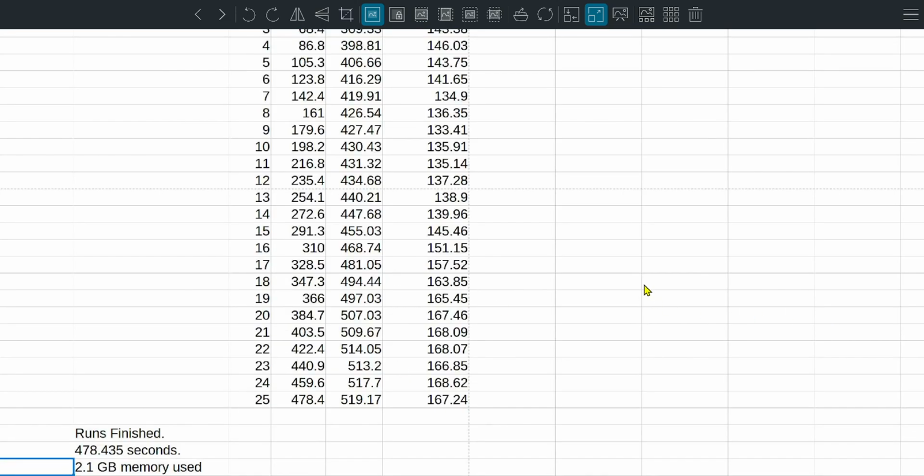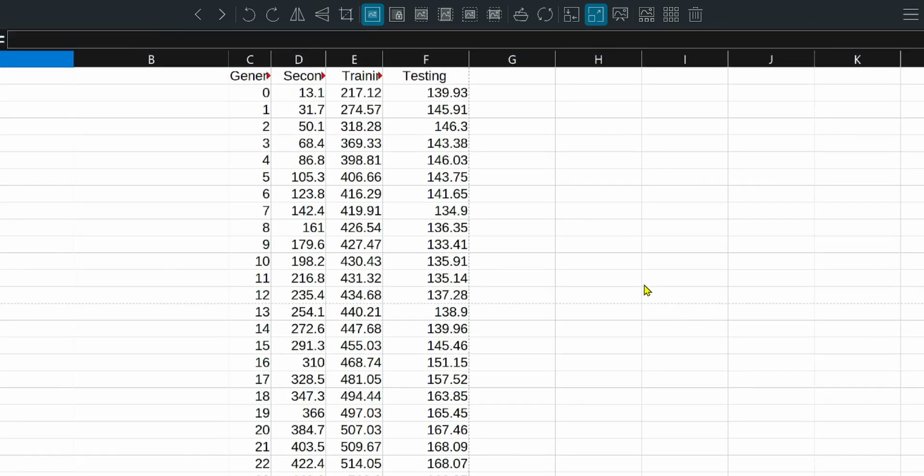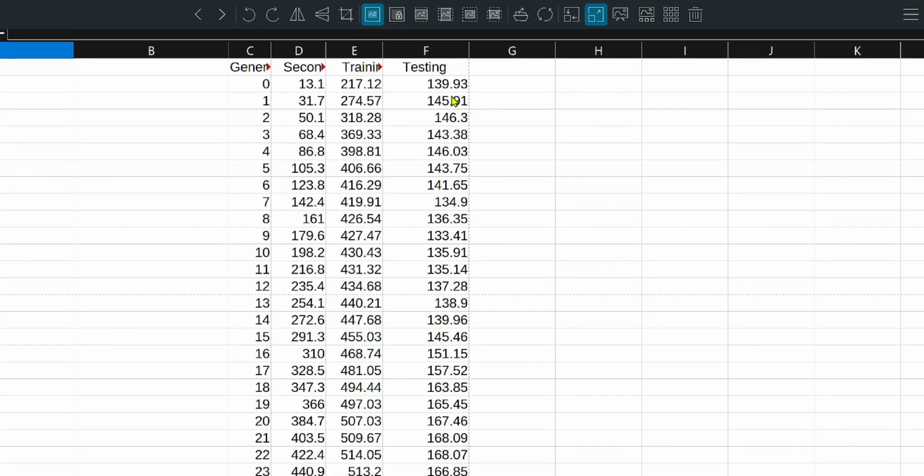The next column shows how well the training is doing, and you can see that it goes up, as would be expected for training data. And then this is the results of testing with the model generated in each generation.